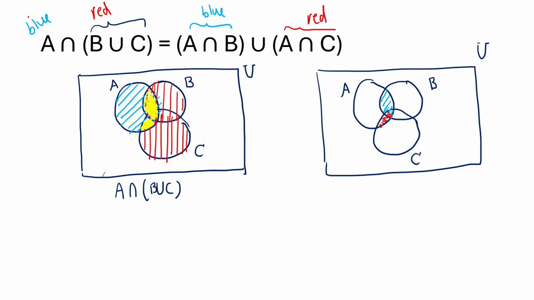So this diagram is for A intersection B union A intersection C. This area here, blue and red, is shaded. For A intersection B union C it is the yellow, and you see that this is exactly the same area, which means that these two sets are equal.